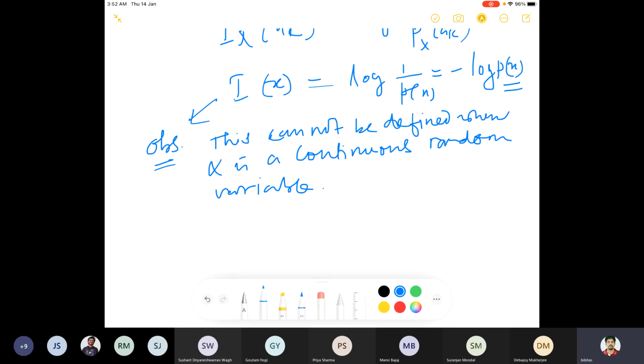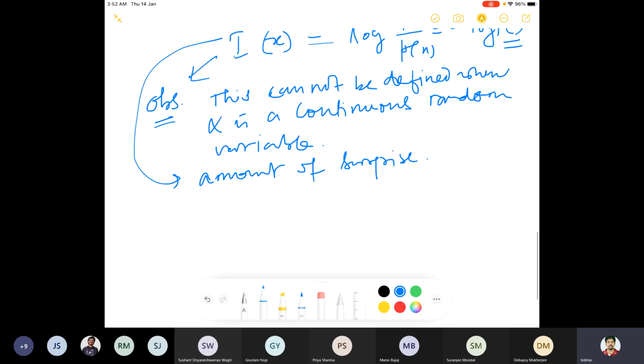If we explain this as an amount of surprise, then you can say I'll be more surprised if that event is very rare, compared to being less surprised if the event happens often. So that's why it's sometimes also called the amount of surprise. In different books, the motivation is sometimes completely different.